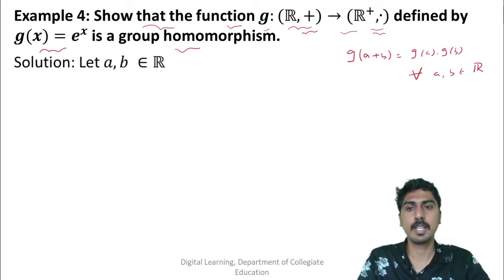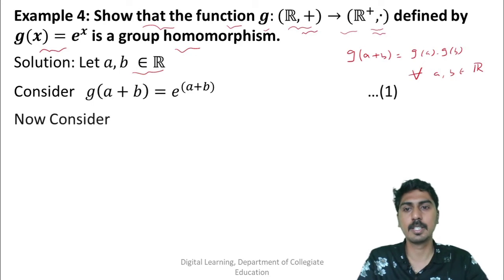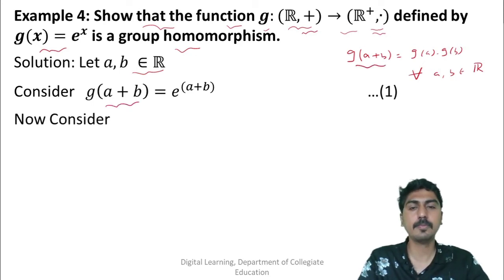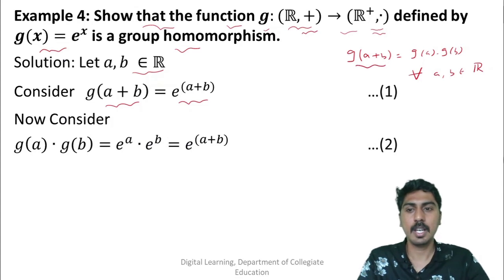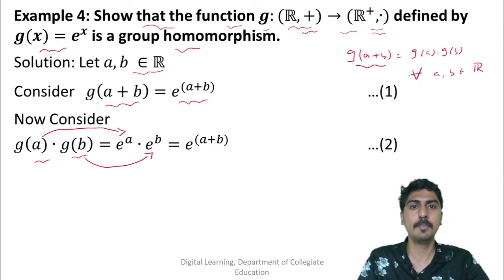First, take a, b in R. Consider g of a plus b, the LHS. g of a plus b is e to the power of a plus b. Next, consider g of a into g of b. g of a is e to the power of a, g of b is e to the power of b. By the law of indices, we have e power a into e power b is equal to e to the power of a plus b.